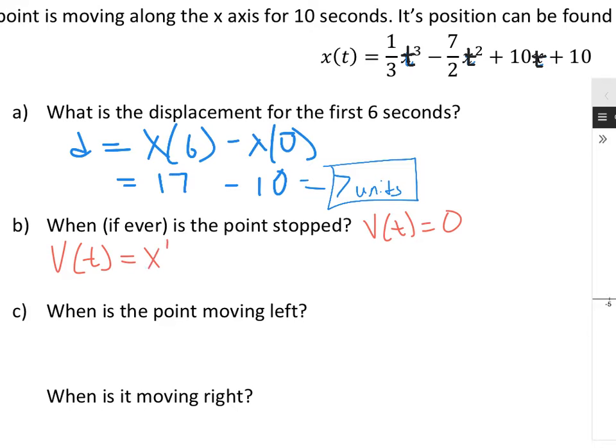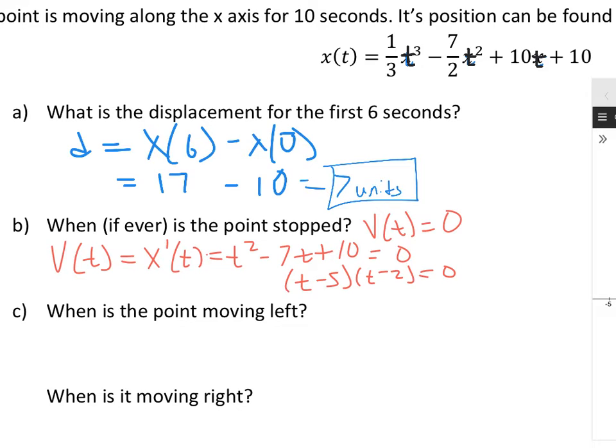So we want the derivative of x of t, and that's going to be t squared minus 7t plus 10. And we want to set that equal to 0. And we're in luck. I think this thing factors: t minus 5 and t minus 2 equals 0. That's great. It factors. Set this equal to 0 and this equal to 0.